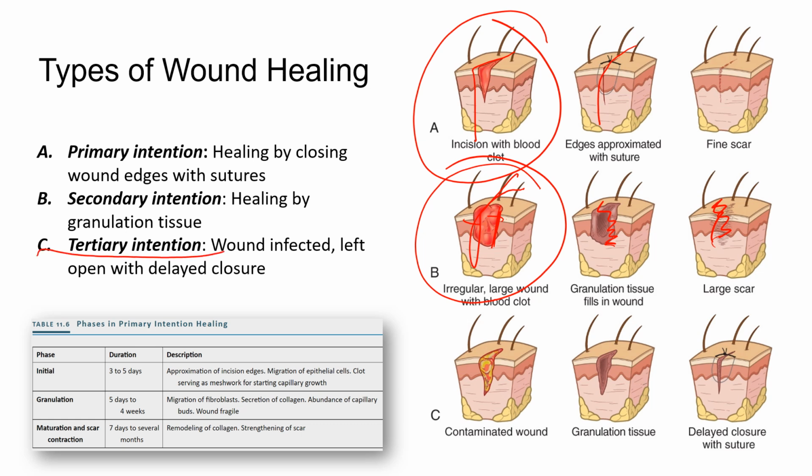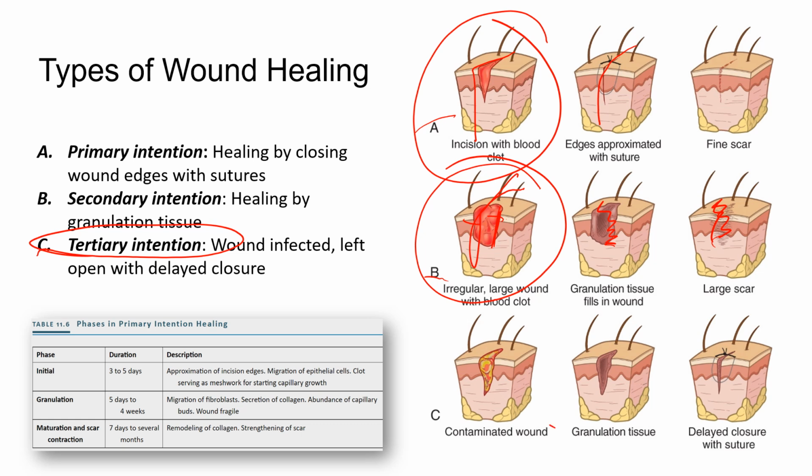Then we have tertiary intention. So tertiary intention can be either primary or secondary. The difference is it's infected, it's contaminated. So wounds that have infection or necrotic material or debris, they do not heal. They cannot heal. All of that stuff has to be cleaned out before the healing process can start.